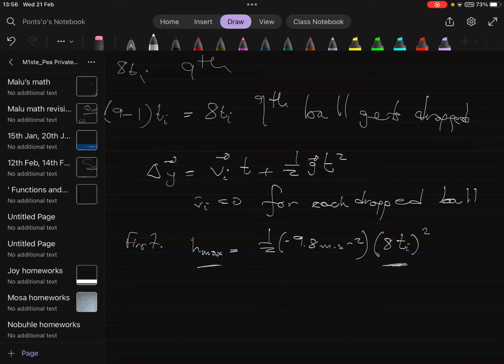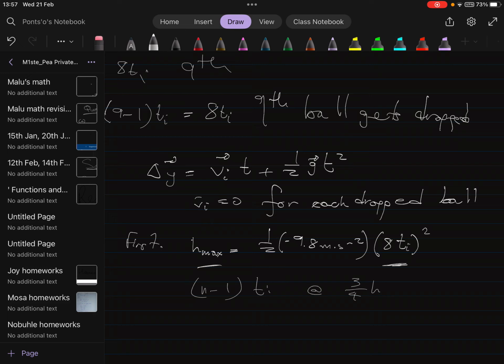Now, if the nth ball is at 3/4 of the height h, the nth ball will fall for a time of n minus 1 times ti.